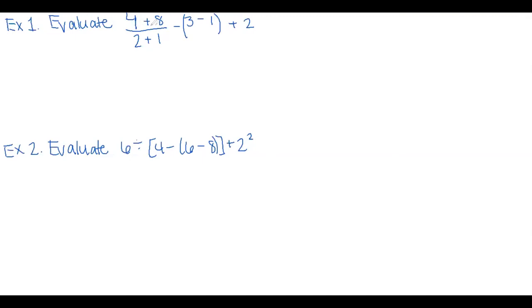So I want you guys to pay attention to this fraction here. We know that a fraction is basically division, right? But before we can do the division, we have to do the addition first, okay? So we're going to look at that as we continue along.